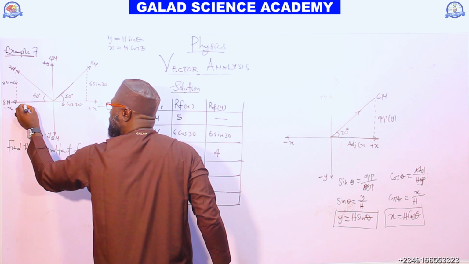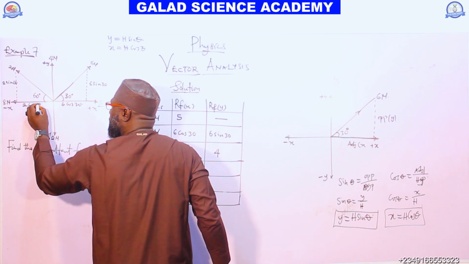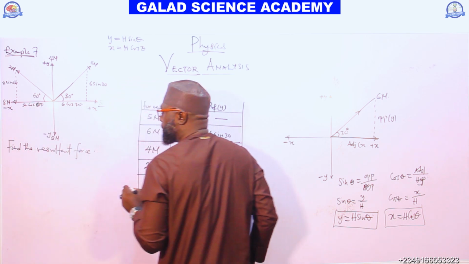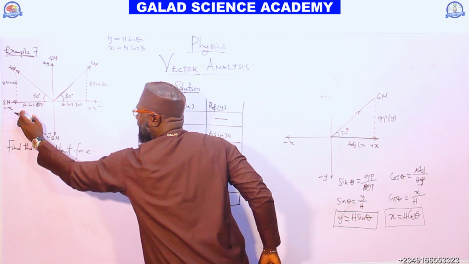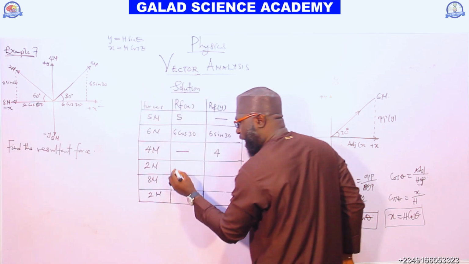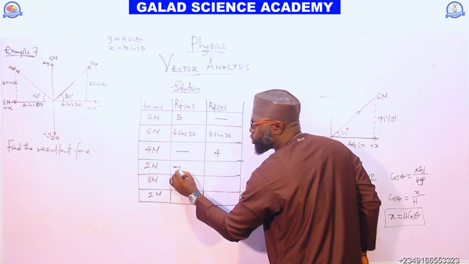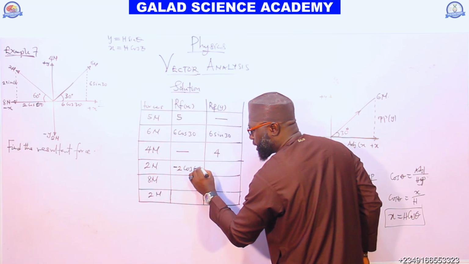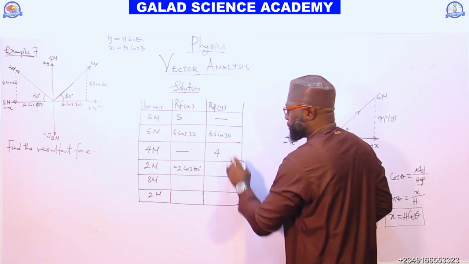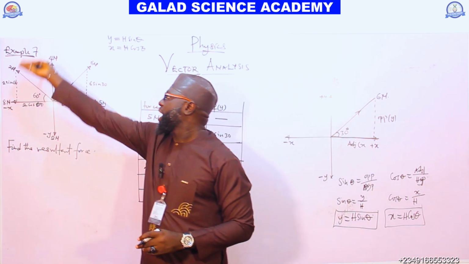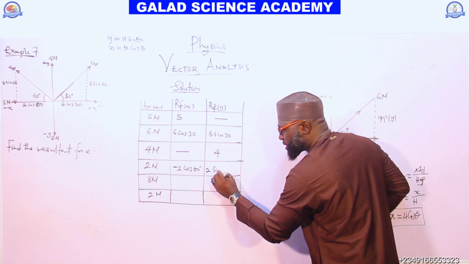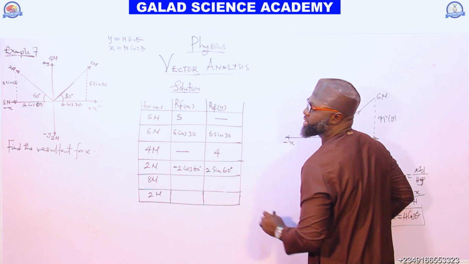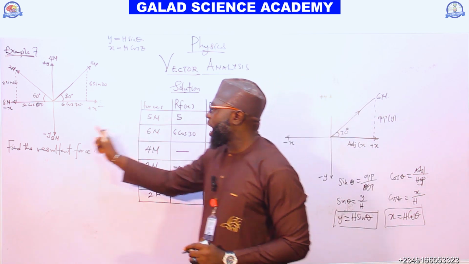To know this side is 2 cos 60. The 2 Newton on x, this x is negative side. You have minus 2 cos 60 degree. On the vertical is the plus side. We have 2 sine 60 degree.